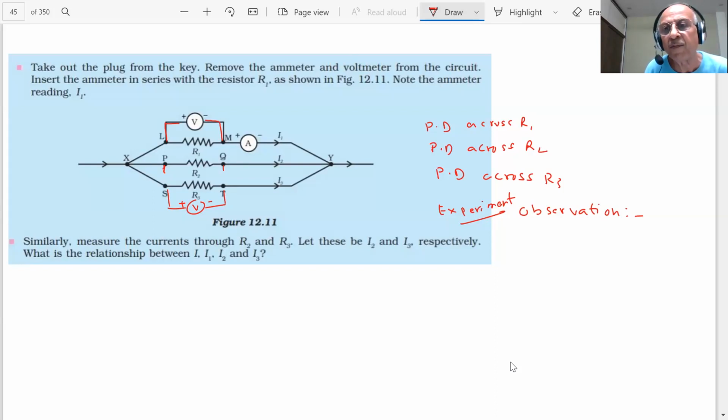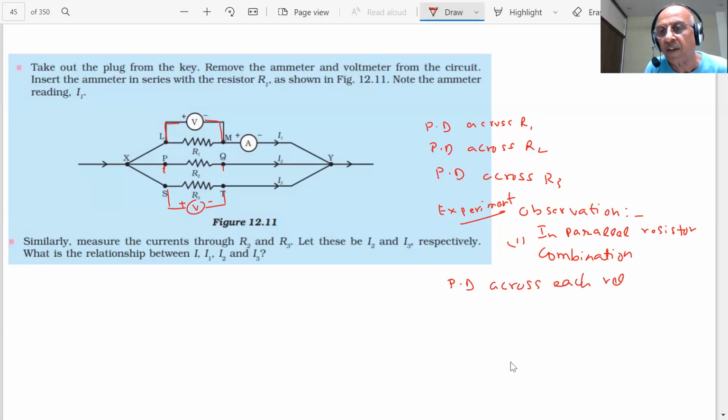Important point, student. Our observation is that in a parallel combination of resistors, note down, the potential difference across each resistor is equal to V. What is that V?